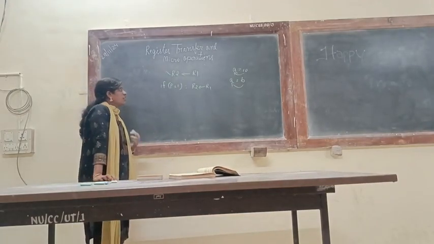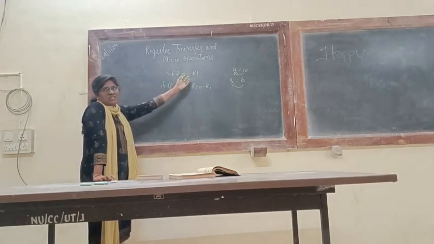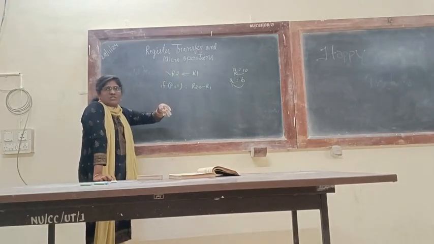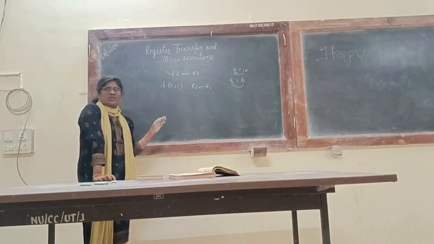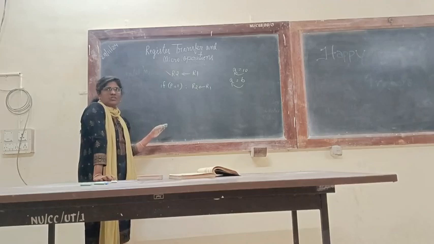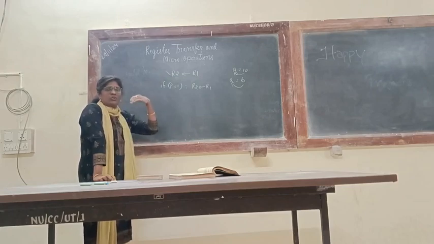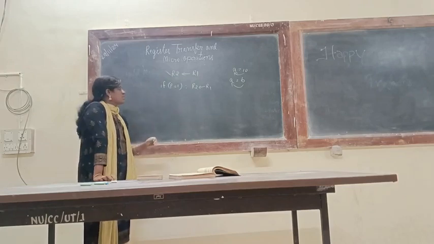Suppose in a C or C++ program we have conditional operations and unconditional operations. The goto statement is an unconditional operation, which means without checking any condition, the control is directly moved to the particular statement.